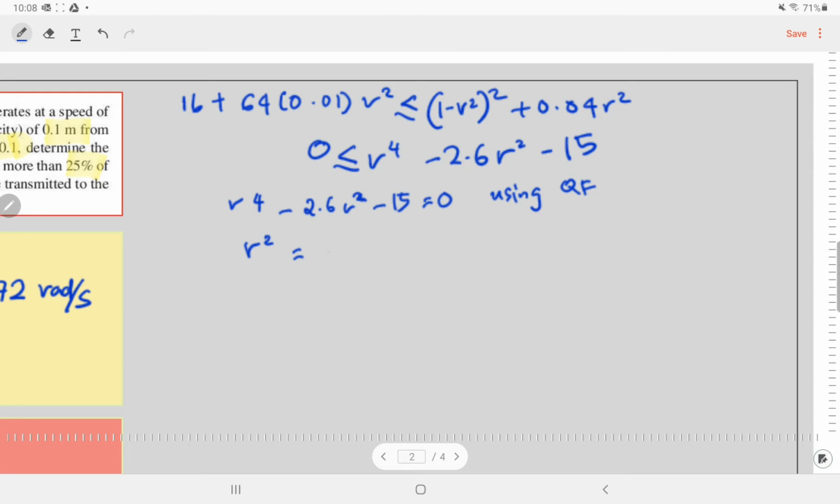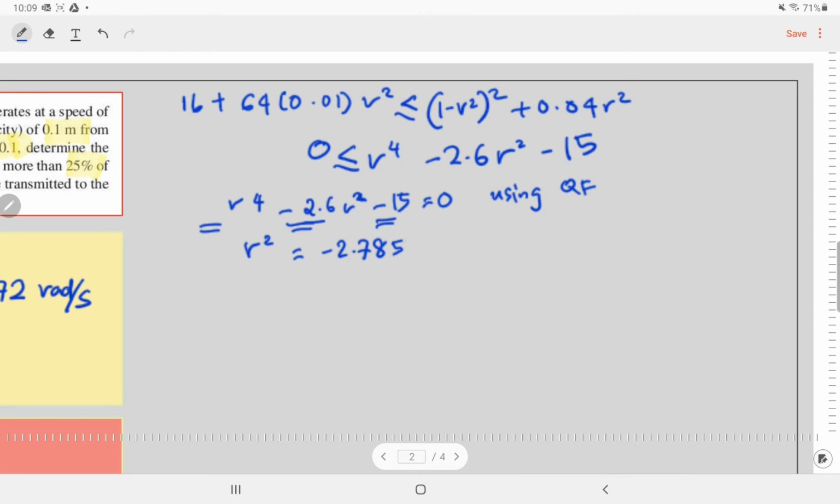So don't forget, this is r to the 4, so you have your answer in terms of r square. So you can plug in your values of a, b and c. Basically, your a is 1, your b is negative 2, and your c is negative 15 in your calculator. Then you can get your r square value.